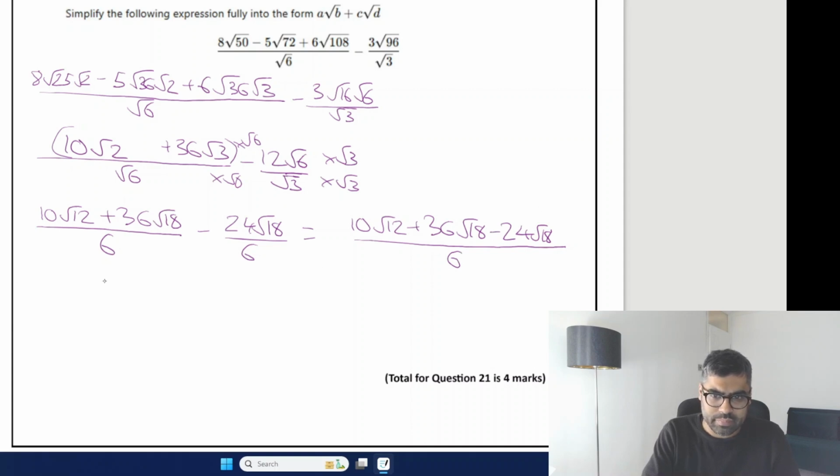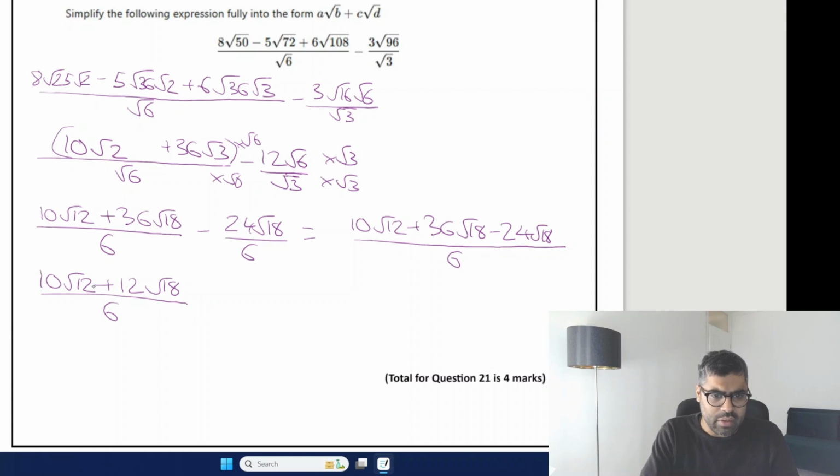Okay, so we can simplify further because we know 36 root 18 minus 24 root 18 is going to be 12 root 18. So we've got 10 root 12 plus 12 root 18 over 6. Now how does this simplify further?